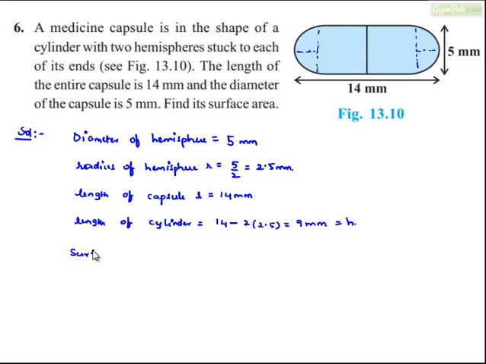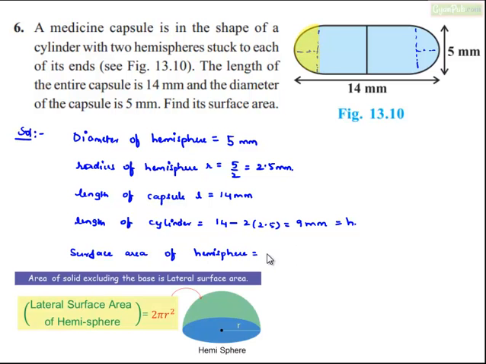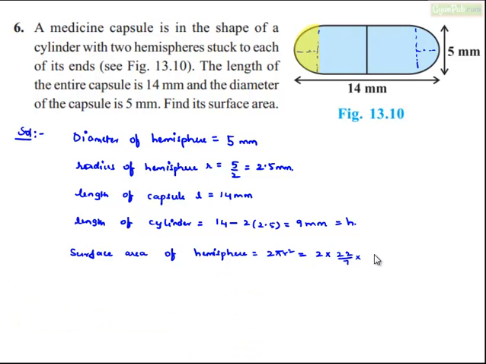Now let us find the surface area of the hemisphere, which is equal to 2 pi r square, that is 2 times 22 by 7 into r square, here 2.5 into 2.5, which can also be written as, let the pi be as it is, 2 times 2.5 is 5 and 5 times 2.5 is 12.5, that is 12.5 pi centimeter square.